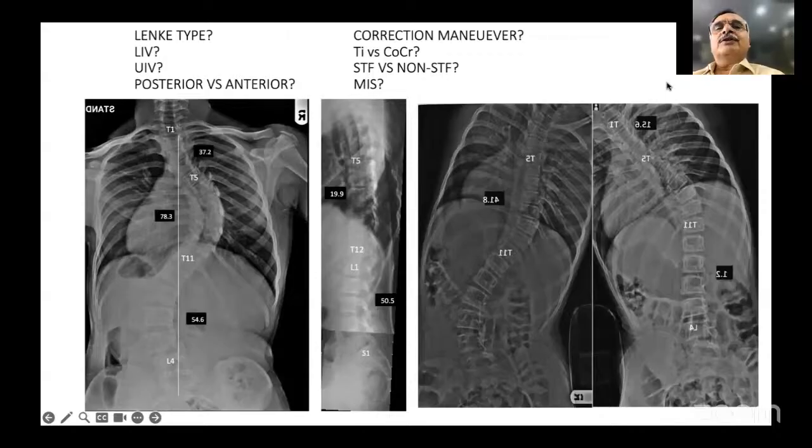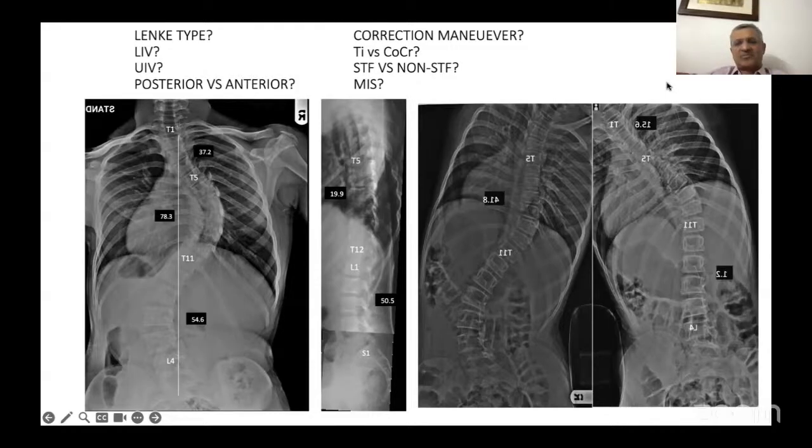Would anybody think of Ponte osteotomies, or will it be without Pontes? I don't think I'll need Pontes here. It's quite flexible. You don't have to do a full Ponte. If you take off the facets and remove a bit of the superficial layers of the ligamentum flavum, you get an adequate degree of correction.